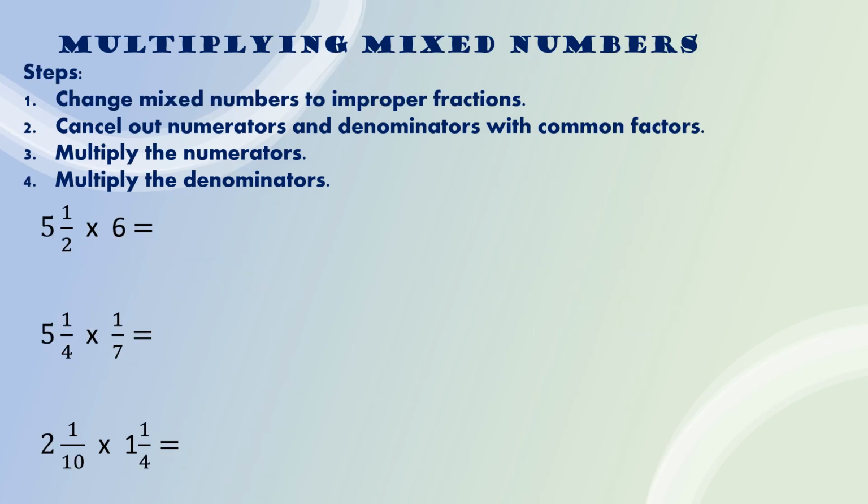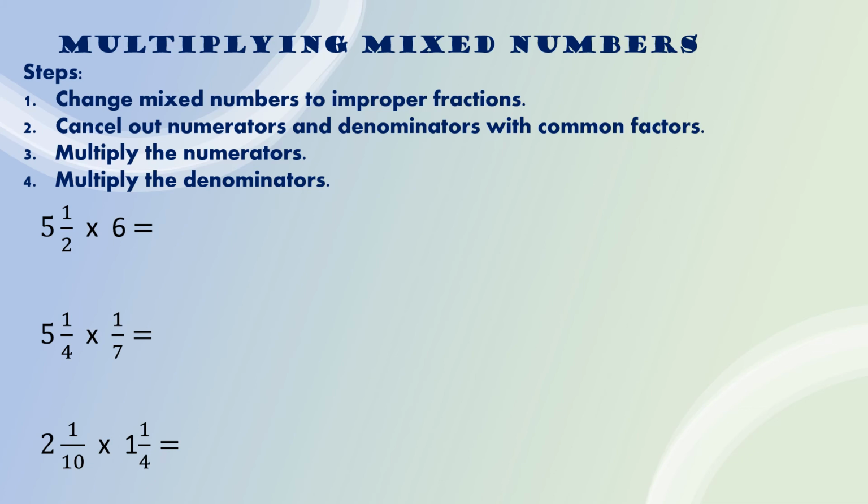In multiplying mixed numbers, we need to do one important step first before we can apply the rest of the steps that we did in our previous examples. So first, we need to change mixed numbers to improper fractions. We cannot multiply yet if we do not change mixed to improper. So that's the first thing to do.